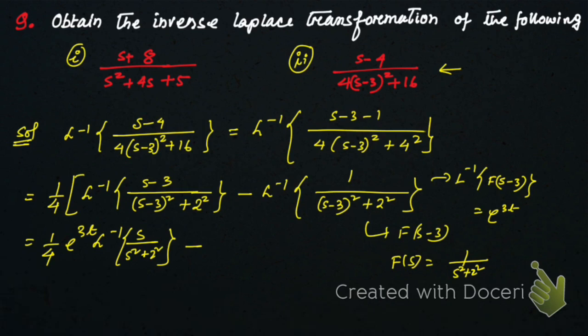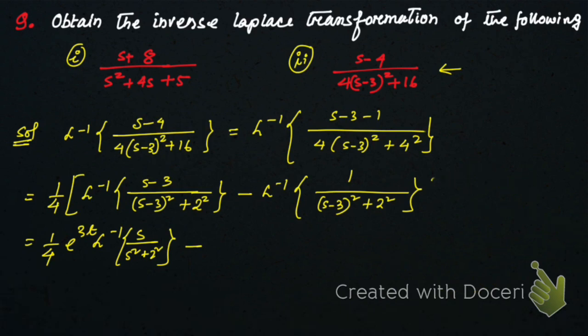F of t is in this case the inverse Laplace transformation of F of s, and here is the F of s, 1 by s square plus 2 square. So we can write e to the power 3t inverse Laplace transformation of F of s, that means 1 by s square plus 2 square, right? So now let me close the bracket. So hope you have understood this.